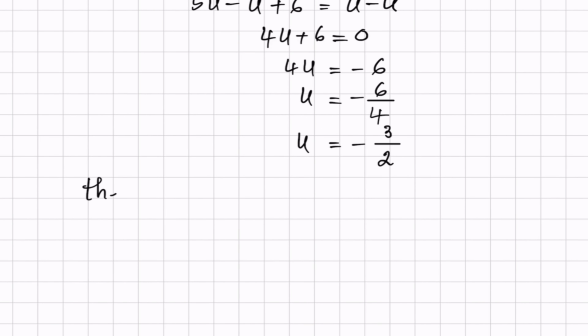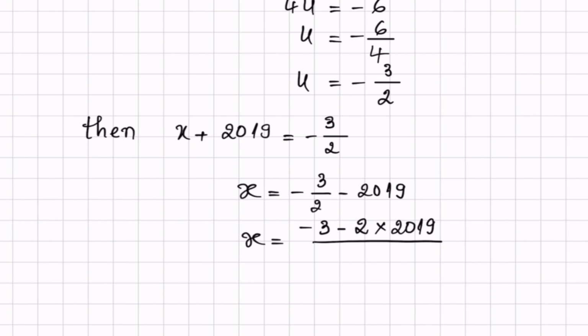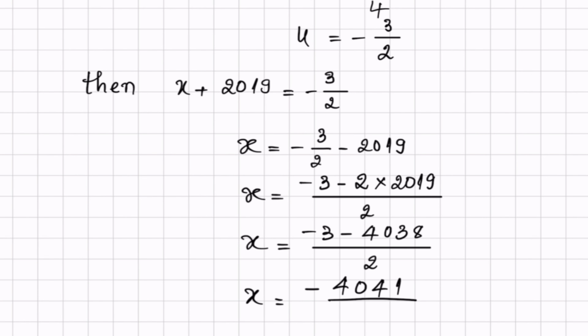So then x plus 2019 equal to negative 3 and a half, and then x equal to negative 3 and a half minus 2019, then x equal to negative 3 minus 2 multiplied with 2019 all over 2, then x equal to negative 3 minus 4038 over 2, then x equal to negative 4041 over 2.